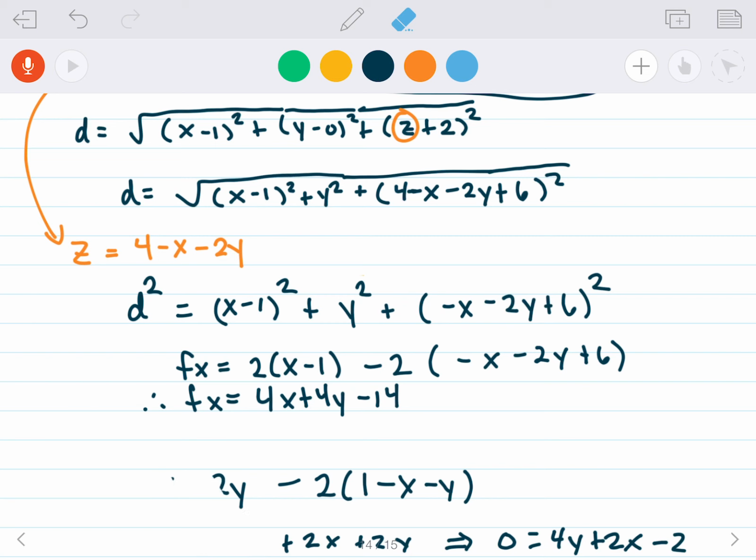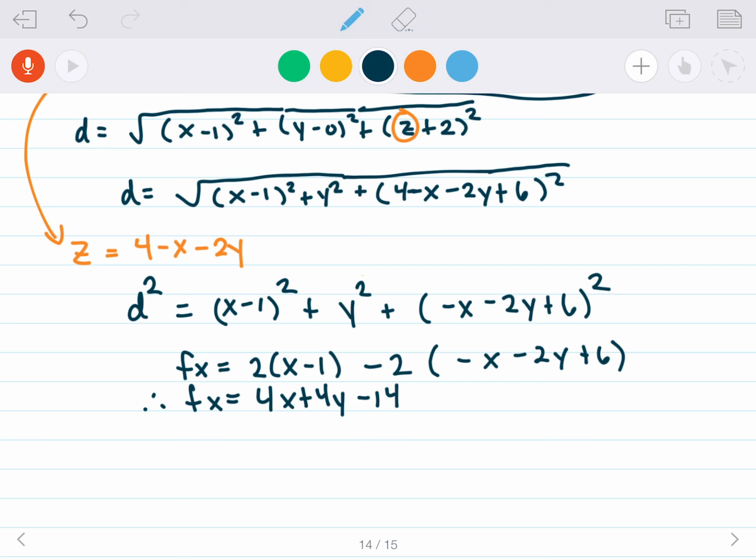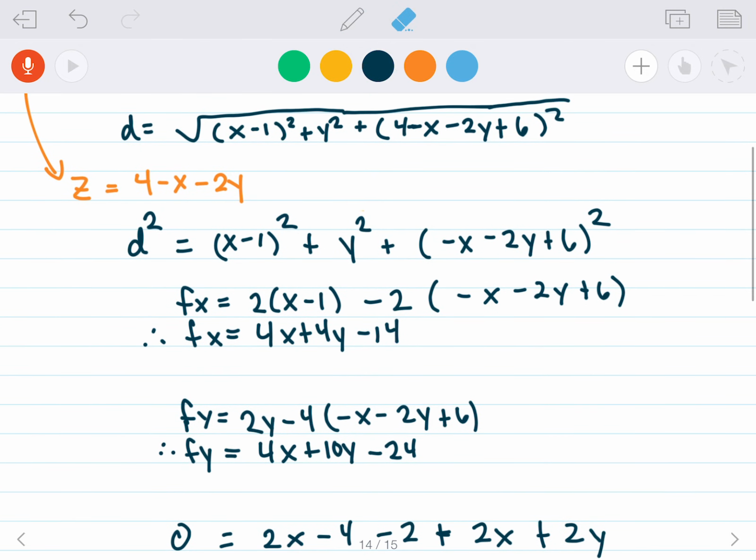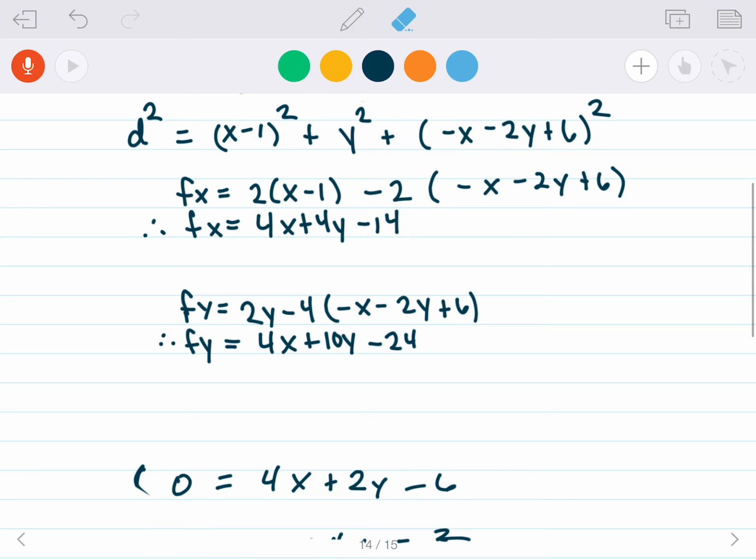In a similar way, I can figure out the partial with respect to y. When I do that, I get 2y minus 4 times (-x - 2y + 6). And then simplifying this, I get the partial y derivative is 4x + 10y - 24. Alright, so now I need to set each of these equal to 0.